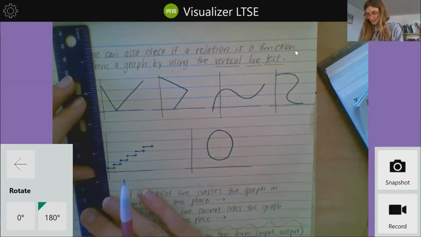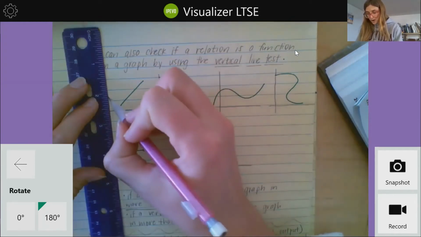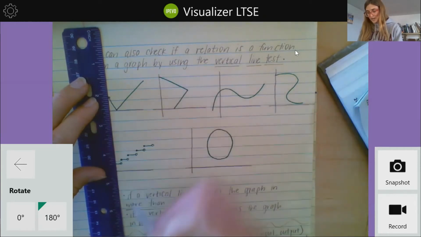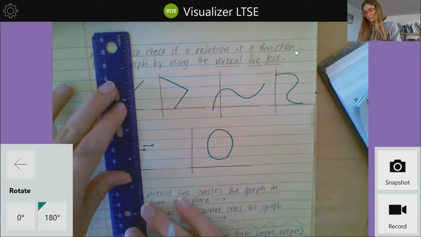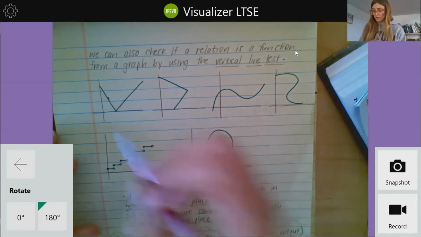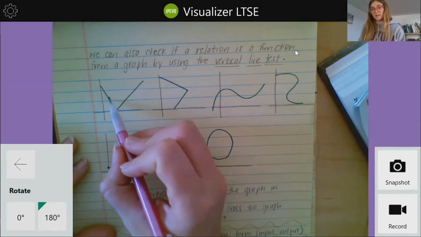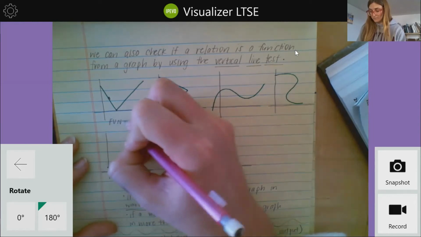As I move this along this graph, I'm only crossing the graph at one place at a time, the whole way across.